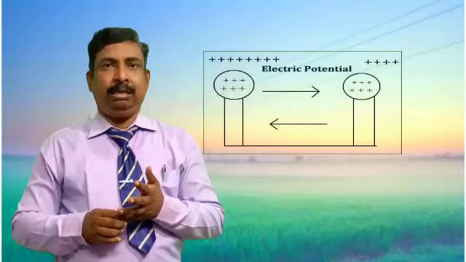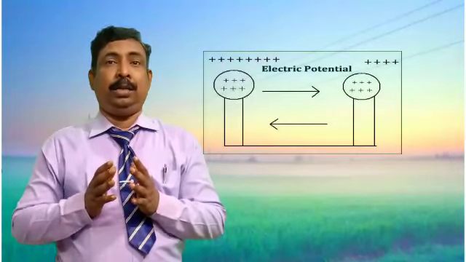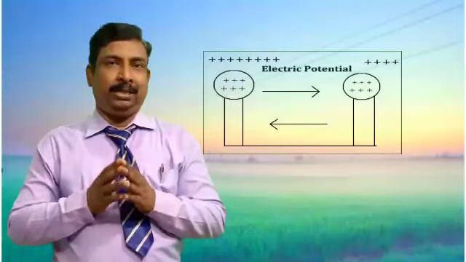Now I said charges are flowing in the wire. What is responsible for these charges to flow? Gravity cannot contribute anything. It is electric potential that is responsible for the flow of electric charges.